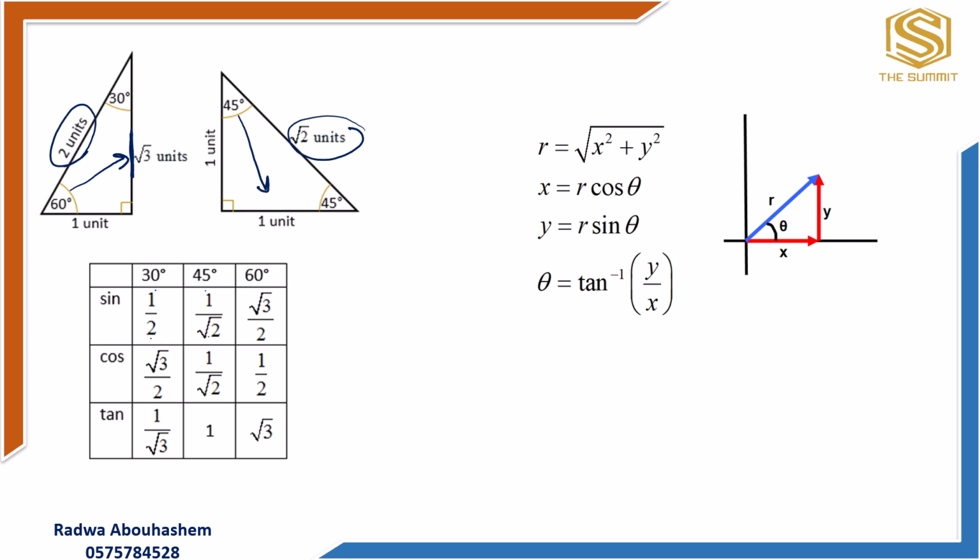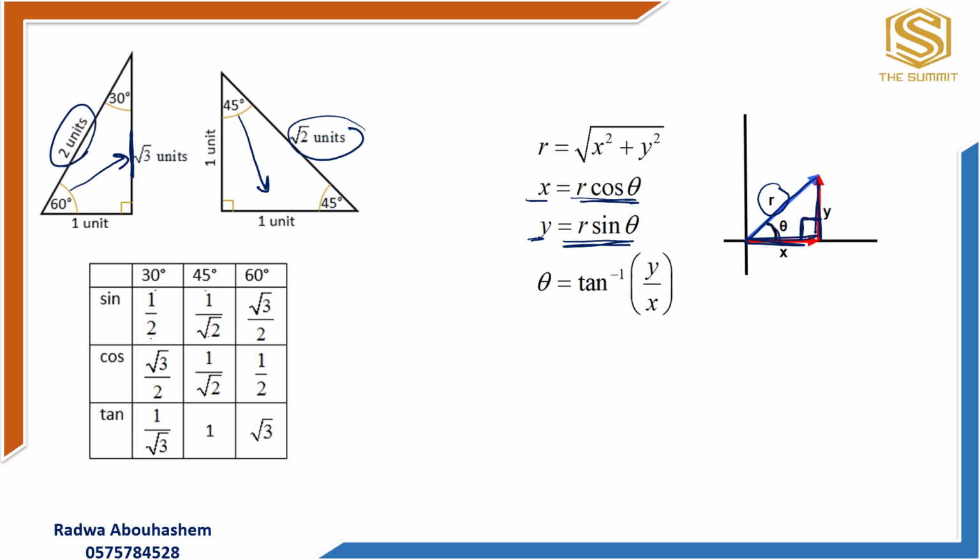Another piece of information I need you to know. This is theta, this is the adjacent side, and this is the opposite side. If you need to get the opposite or the adjacent side, we could apply this: x is r cosine theta, and y is r sine theta. And remember that r is the hypotenuse, just like in the Pythagorean theorem.